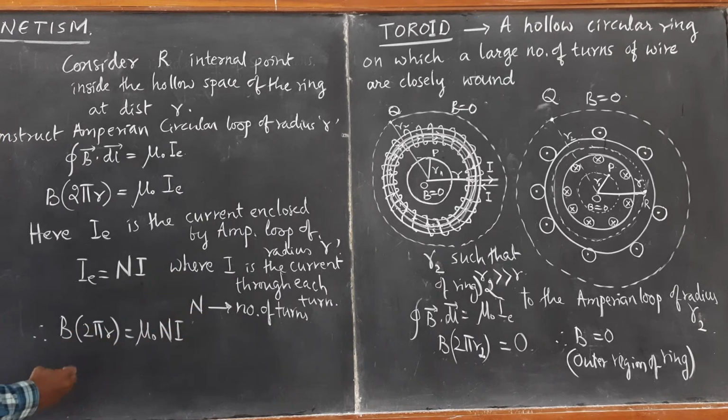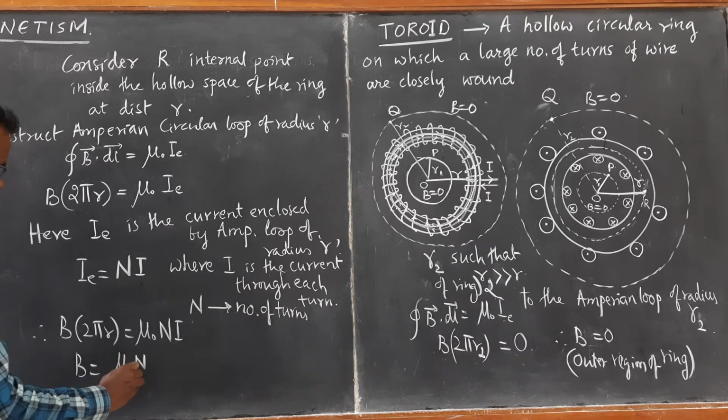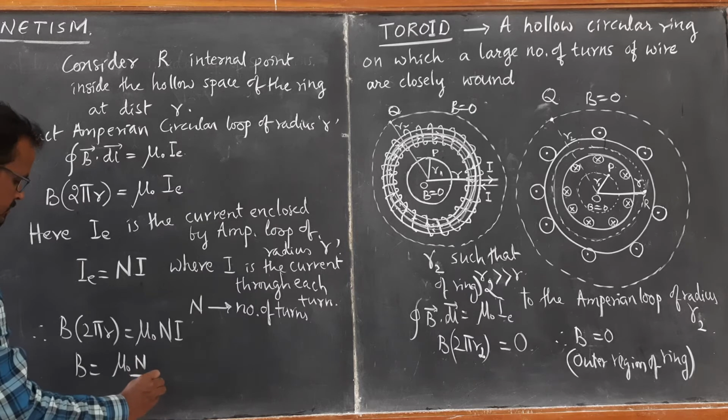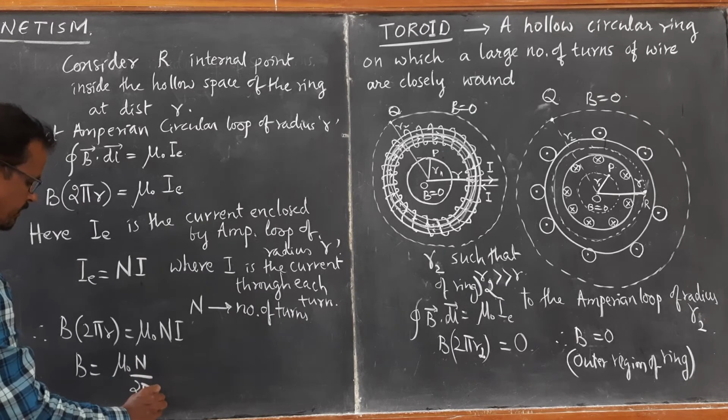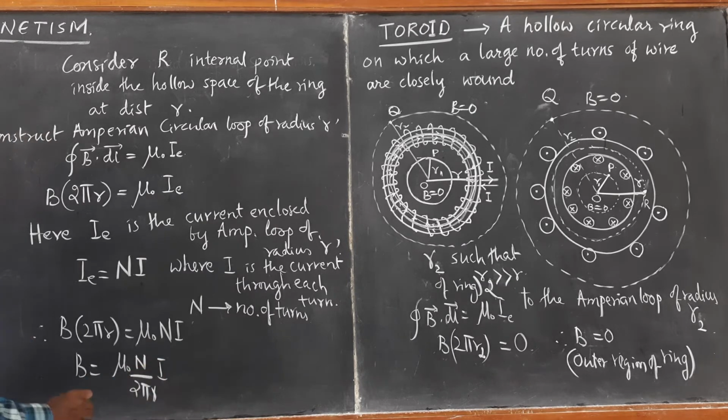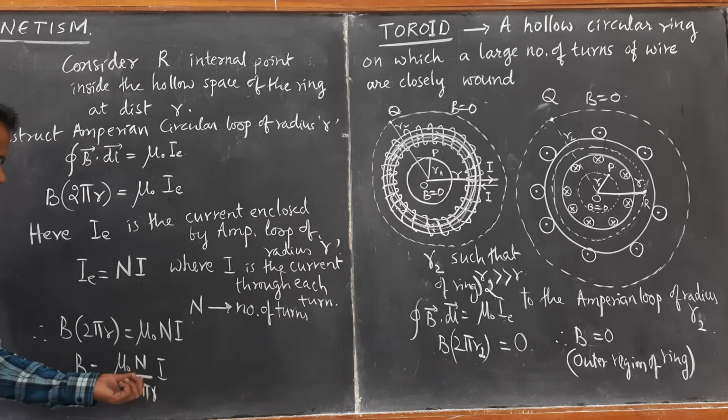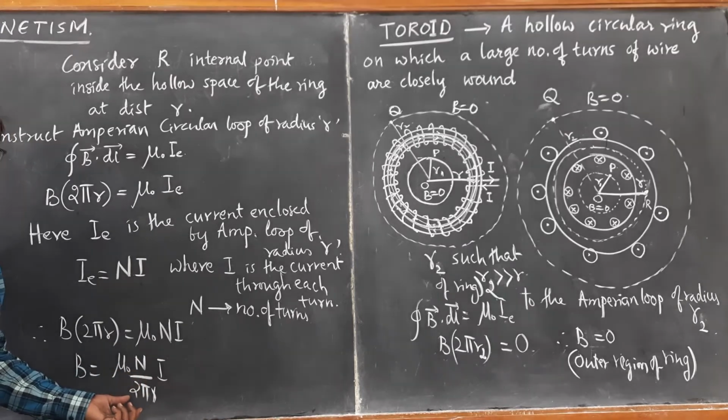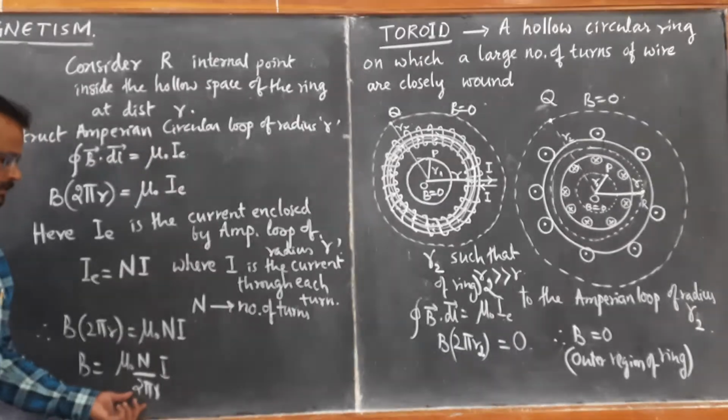So this suggests that B is equal to mu naught N upon 2 pi r into I. We know N is the total number of turns for the entire average circumference of the toroid.